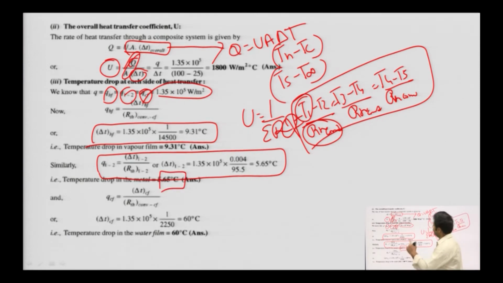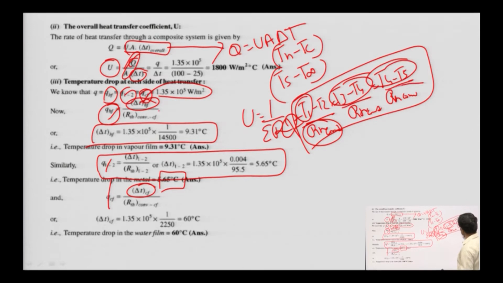And then the same for the cooling fluid. Since they have done it for the heating fluid, the temperatures regarding the heating fluid have been taken up, and if you want to do it for the cooling fluid, the cooling fluid temperature is taken up. We all know that QHF, Q12 and QCF are all the same. They are only playing with the temperatures and the resistances.